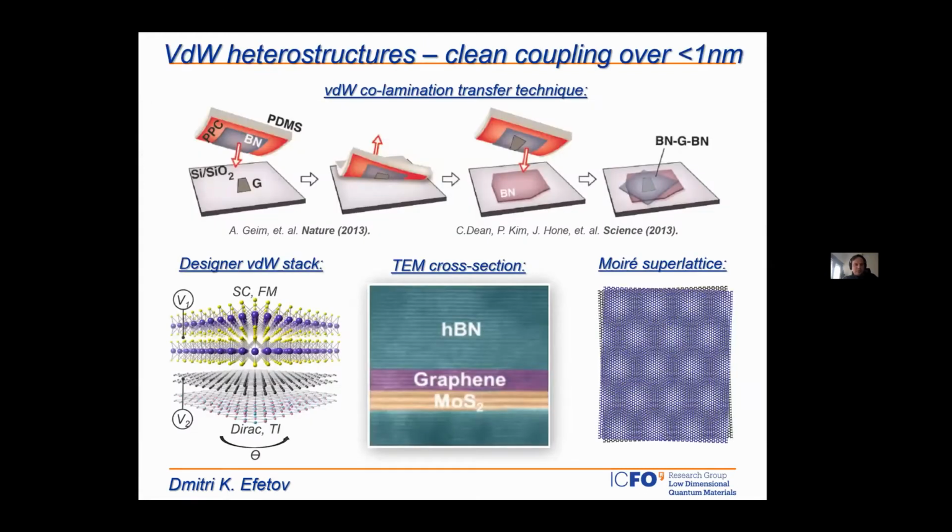Okay, so again, a very slow introduction for everybody who's maybe not familiar with van der Waals materials and twisted bilayer graphene. The field really started in 2004 when the people from Manchester, like Andre Geim and Kostya Novoselov, were able to show that they can extract single layers, single atomic crystals, from bulk van der Waals materials.